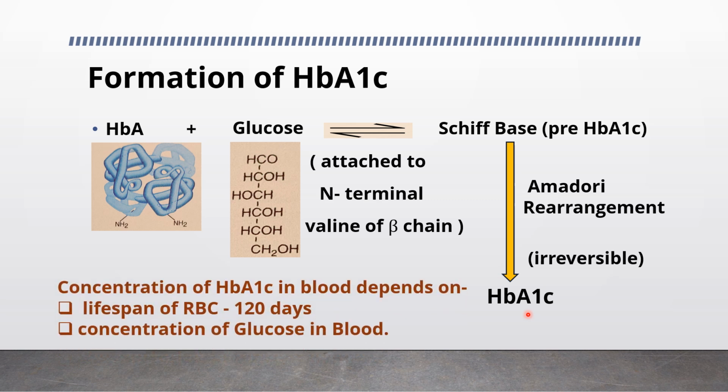So we can see that the concentration of HbA1c depends on two main factors: one is the lifespan of RBC, which is around 3 to 4 months, and the other is the concentration of glucose in blood. So this was about how HbA1c molecules get formed.